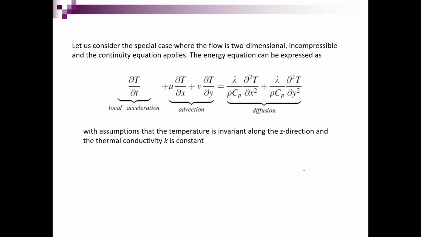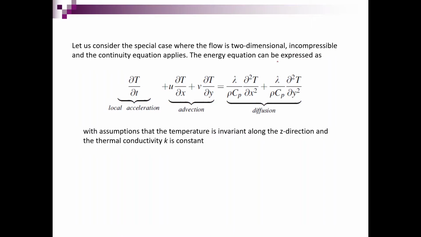After several derivations and substitutions, you can get a simpler equation, and this equation is the one that we use in CFD. Let us consider a special case where the flow is two-dimensional, incompressible, and the continuity equation applies. Two-dimensional means that it only has x and y, there is no z.